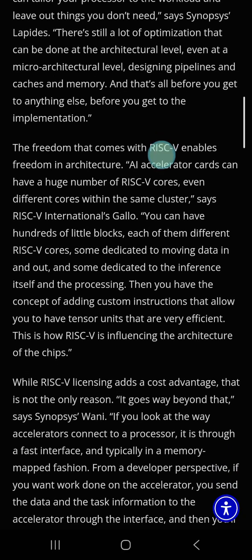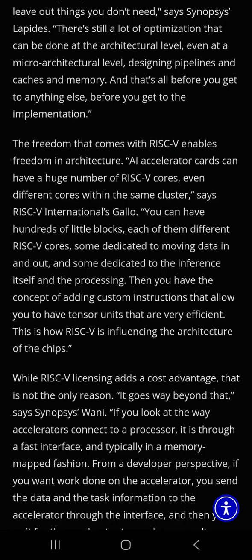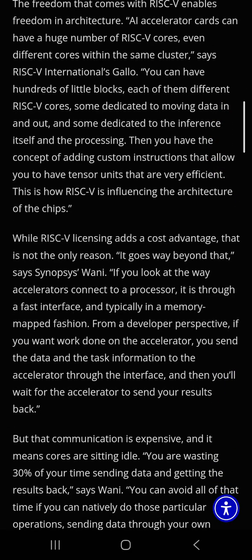"You can have hundreds of little blocks, each of them different RISC-V cores, some dedicated to moving data in and out, and some dedicated to the inference itself and the processing. Then you have the concept of adding custom instructions that allows you to have a tensor unit that is very efficient. This is how RISC-V is influencing the architecture of the chips.